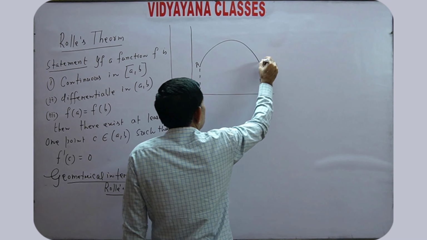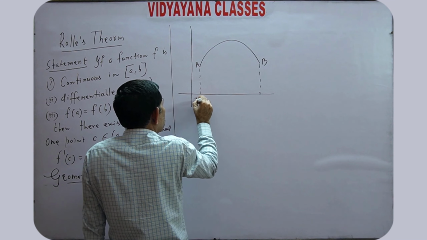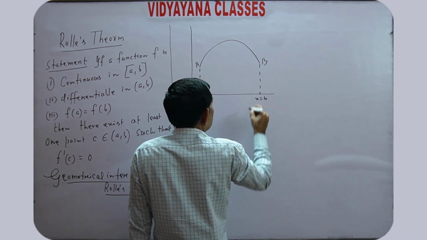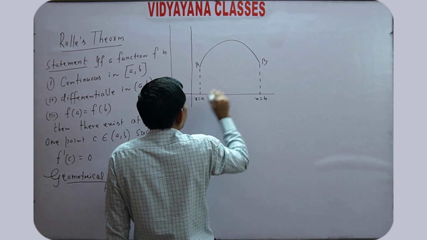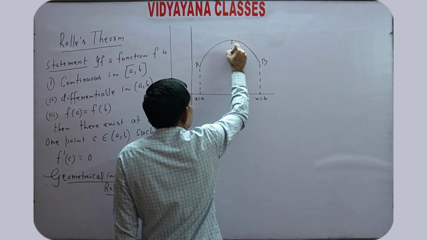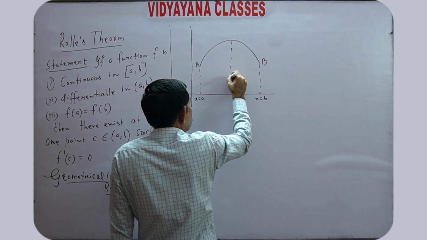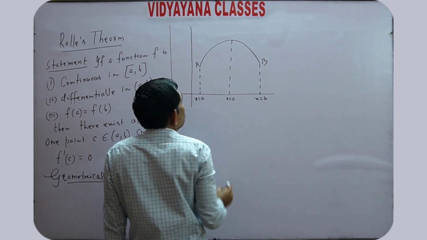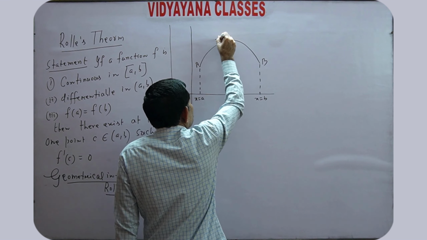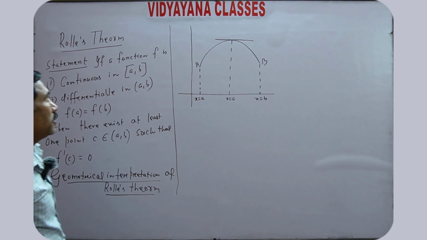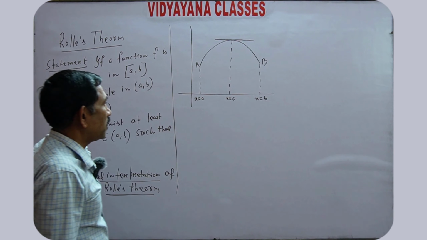It is A, it is B, x equal to A, x equal to B. X equal to C. At x equal to C, the tangent is parallel to x-axis.